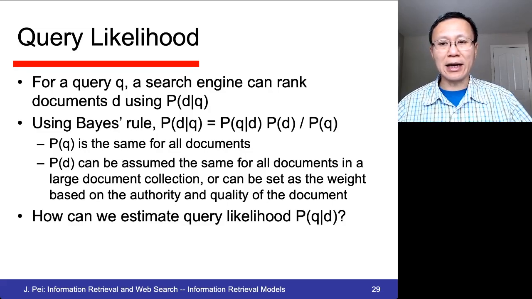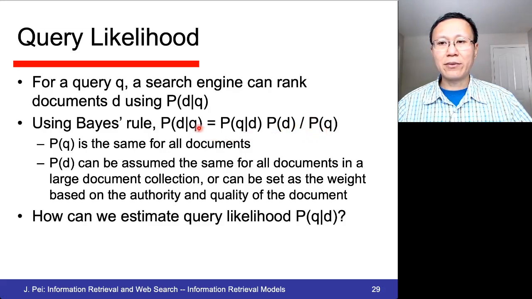But at this time, we can use the Bayes rule to rewrite P(D|Q) as P(Q|D) times P(D) divided by P(Q).